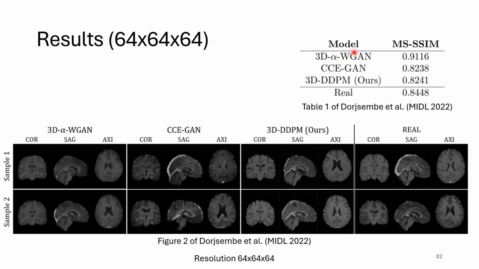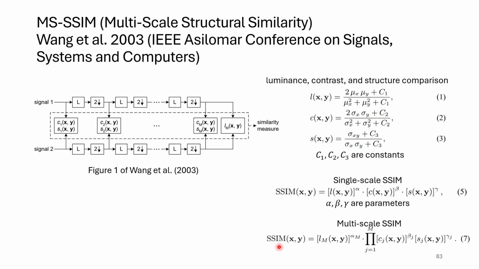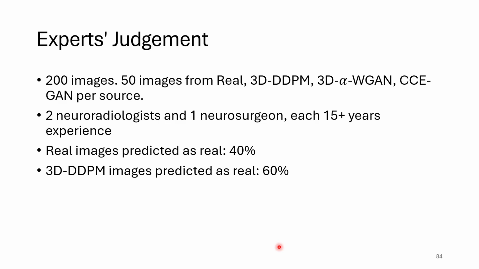Okay, so let's keep going. They published the paper in MIDL. It's the medical image deep learning conference or journal, I forgot, maybe journal. And they also do an interesting experiment.